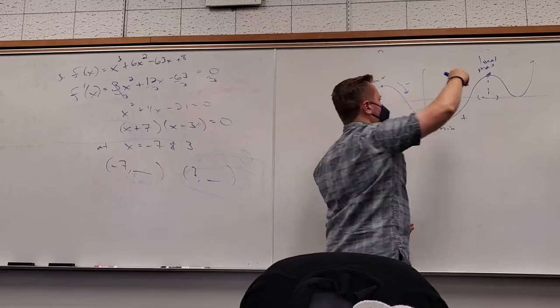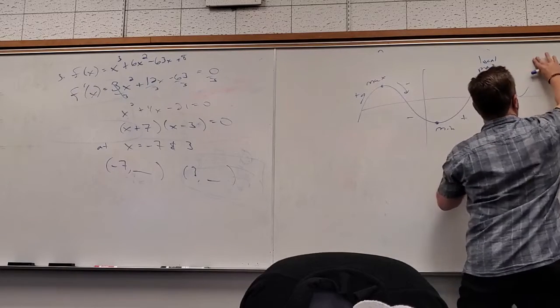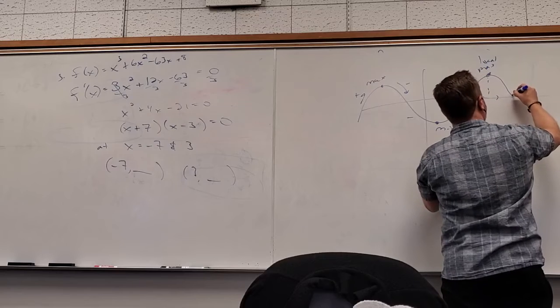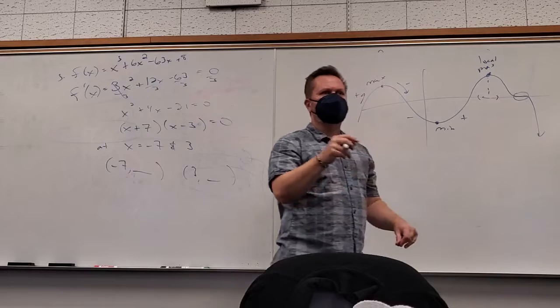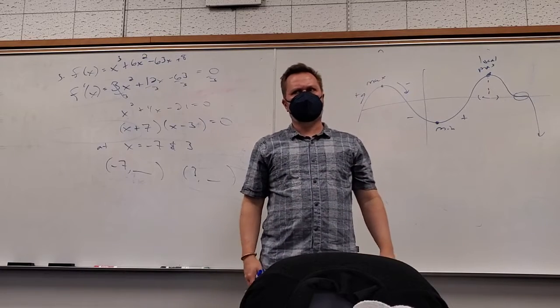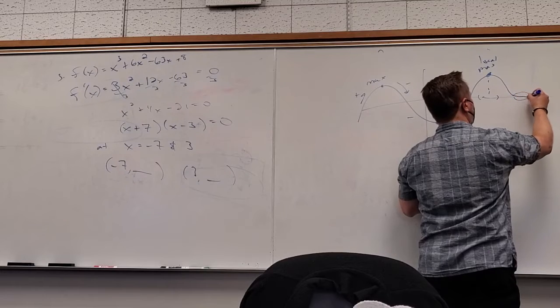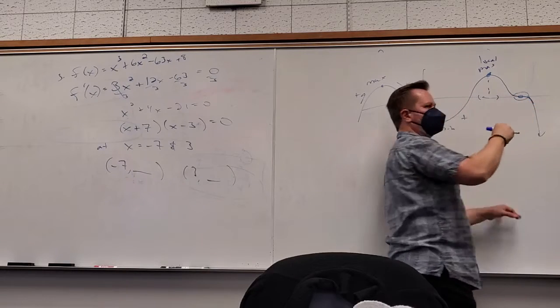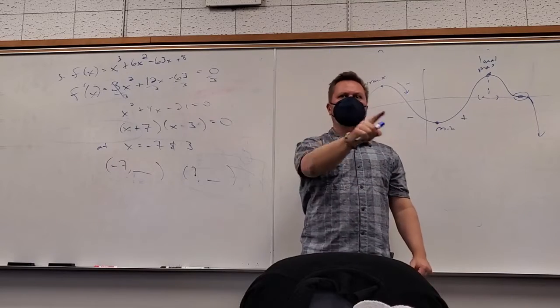What's the slope here? 0, but is that a max or a min? Neither. For just a moment it is 0 right there. It's like it says, I'm going to turn, no, I'm not. It's like a cubic.